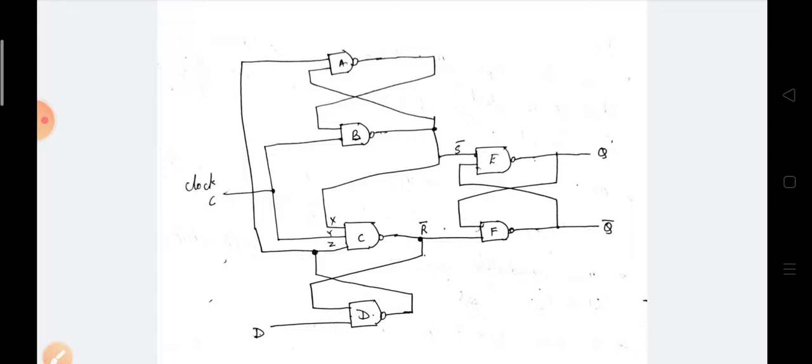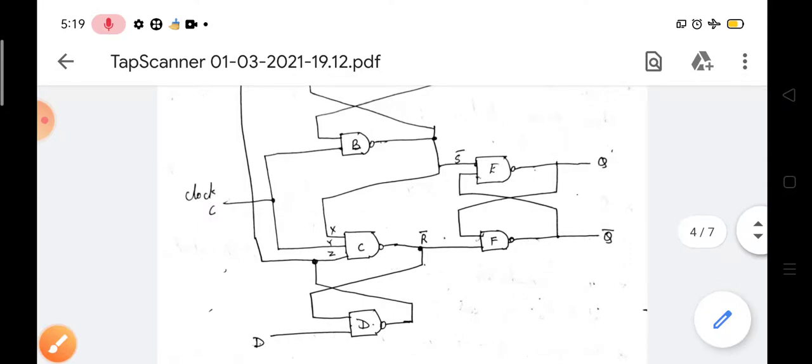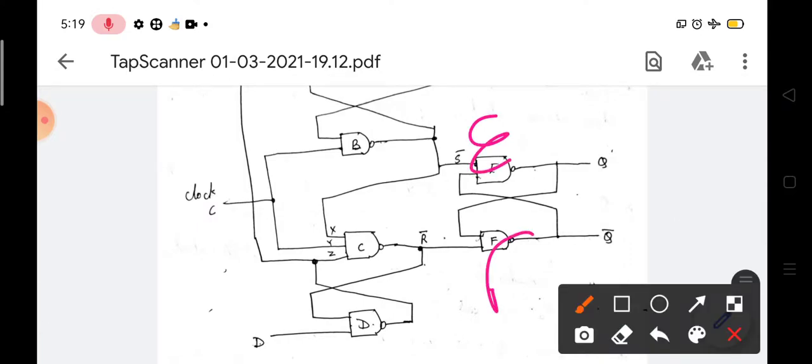Now here you can see that gates E and F are interconnected. You can see this output is fed back here and this output is fed back here.